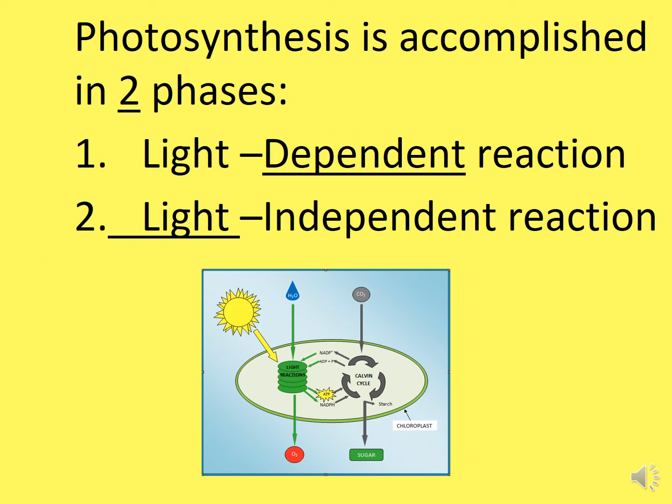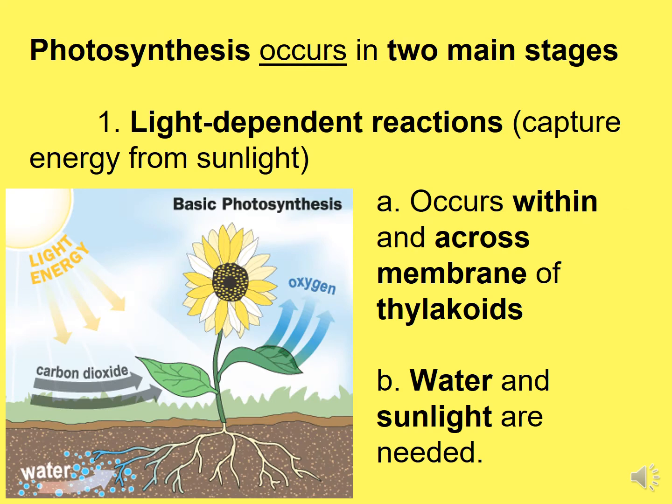However, photosynthesis happens in two phases. We either have light dependent and light independent. Because it occurs in these two stages, let's first talk about light dependent. So this is where we capture energy from sunlight. Obviously, it's dependent on the sun, right?